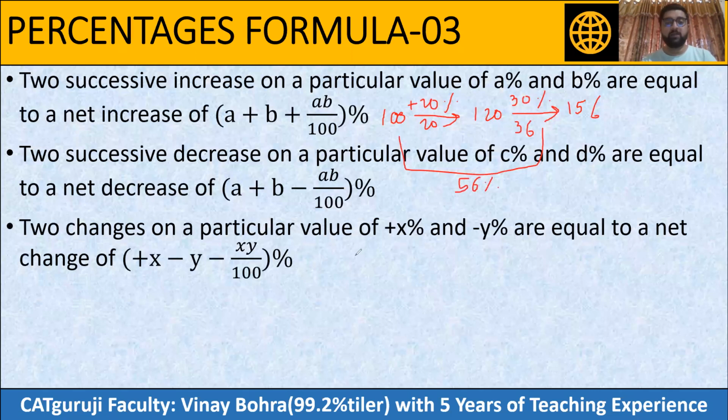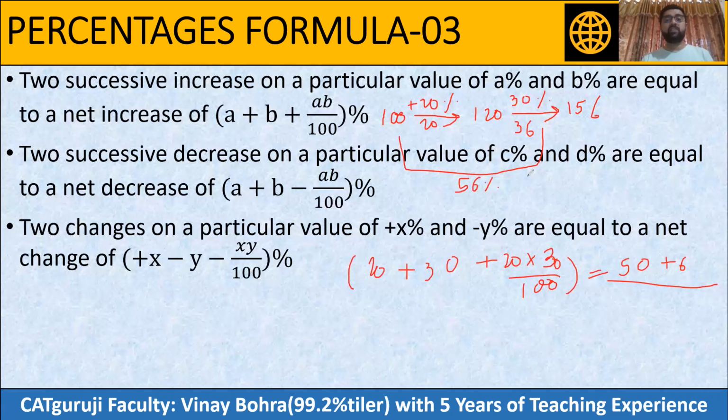How can we use this formula? 20% plus 30% plus 20 into 30 by 100. So 20 plus 30 is 50, plus 600 by 100 will give you 6. So 56%. In the same way, if there is a successive decrement, we'll use this formula, A plus B minus AB by 100. I'll give you an example for that also.